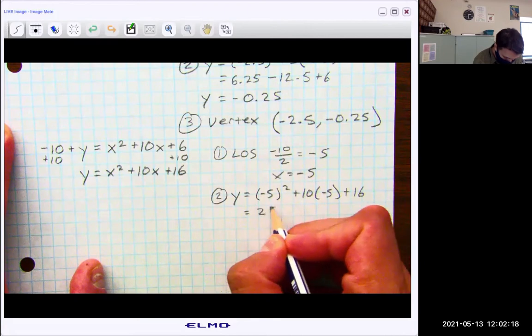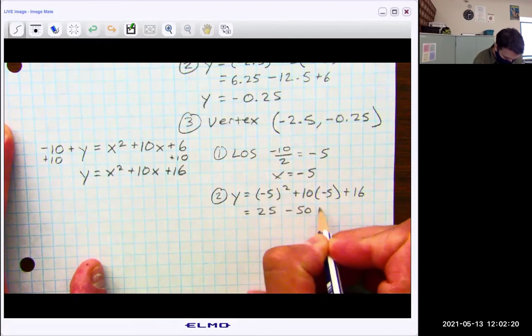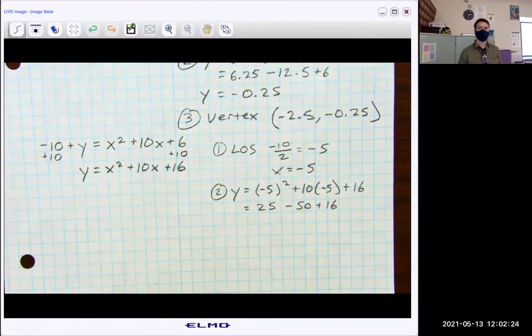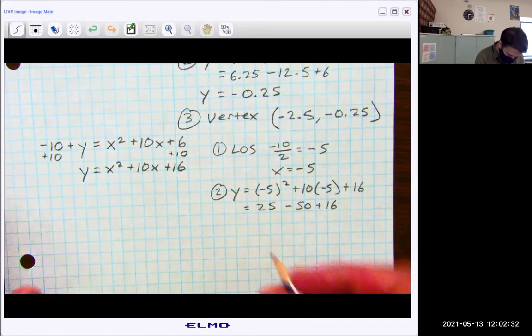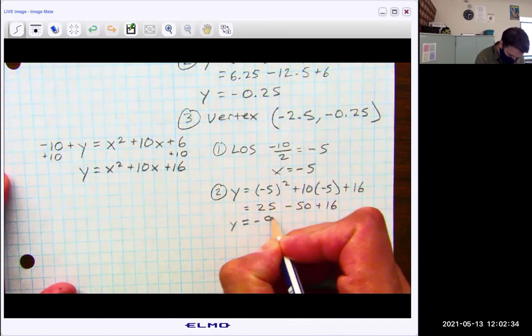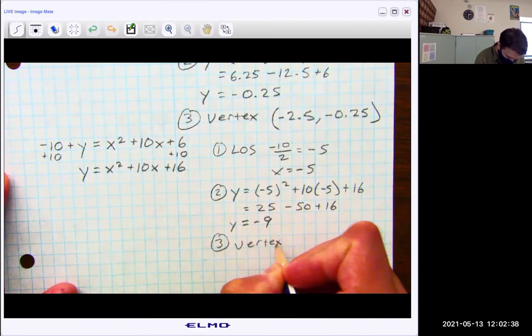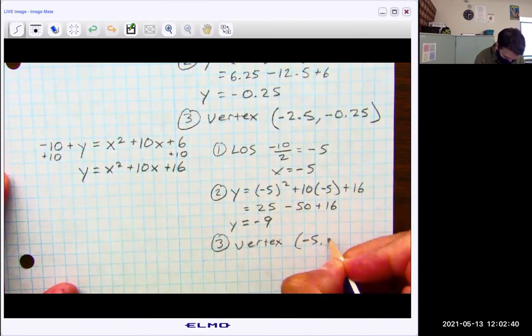So it's going to be 25 minus 50 plus 16. Calculator, please help me. What do we get? We get negative 9. And then the third step is to put them together. The vertex is at negative 5, negative 9.